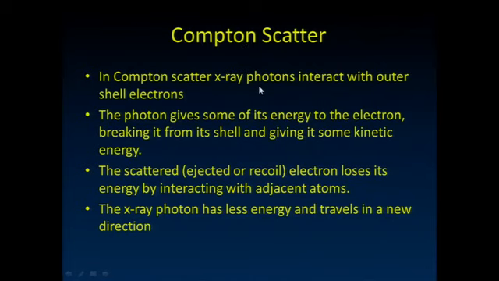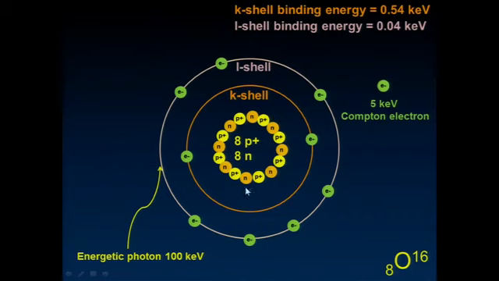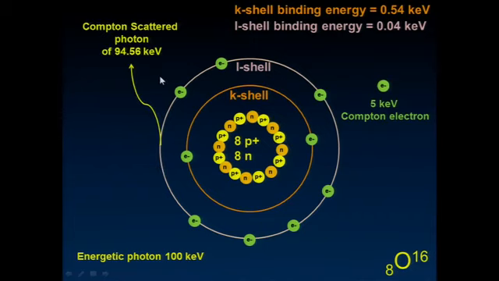Compton scatter, we talked about, we now get this interaction with typically some of these outer shell electrons, and these X-ray photons or gamma ray photons are going to give some of their energy to those and kick them out of the shell. And they're going to continue on in a slightly different direction. And we mentioned that when this occurs, the X-ray can scatter off at a substantial angle with relatively small amounts of decrease in their initial energy.